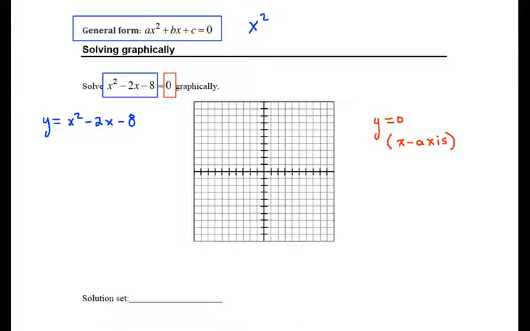So let's focus on the parabola first, the quadratic function. This is in general form, so we're going to start by finding the vertex using the vertex formula. Remember that h equals minus b over 2a is the x-coordinate of the vertex. So in this case, my a is equal to 1 and my b is equal to negative 2.